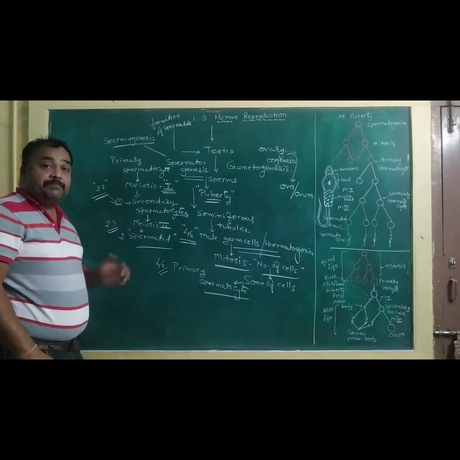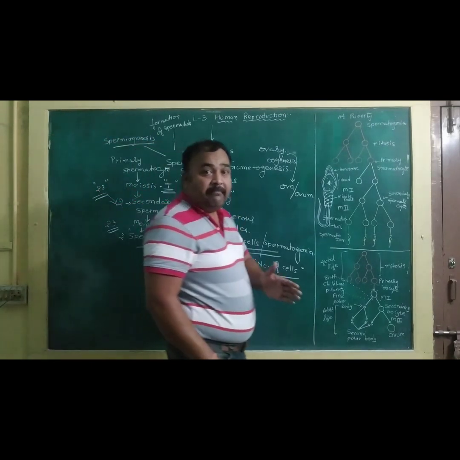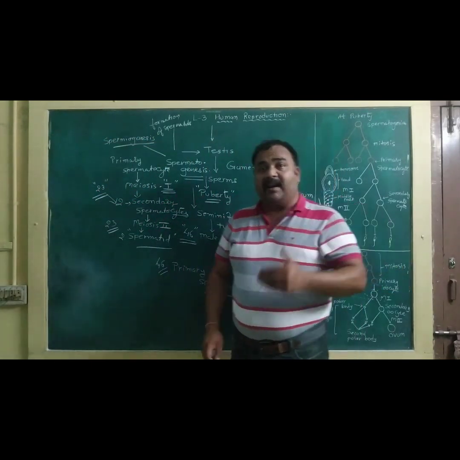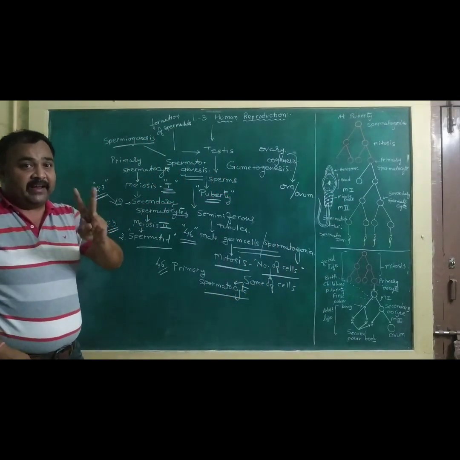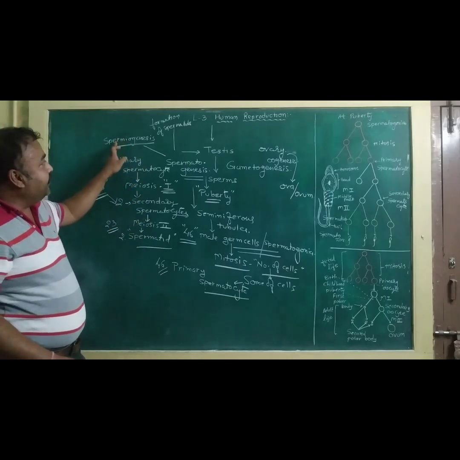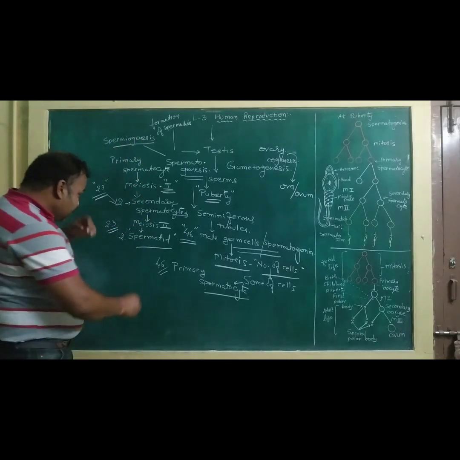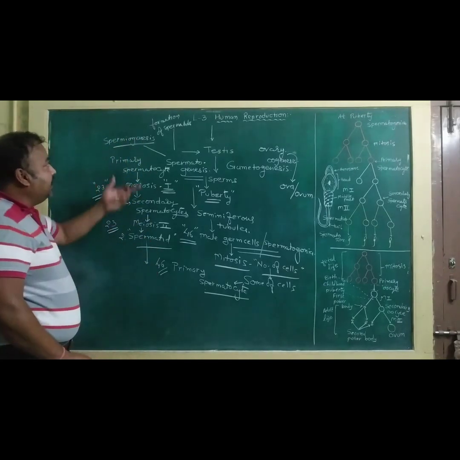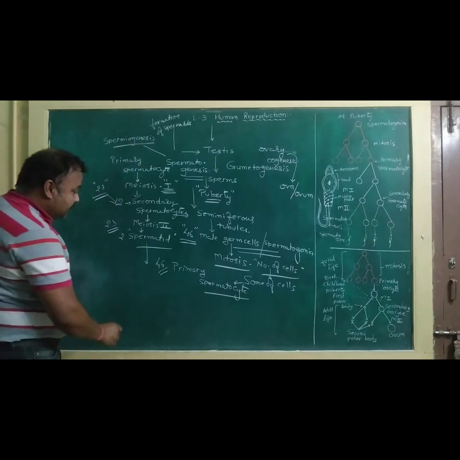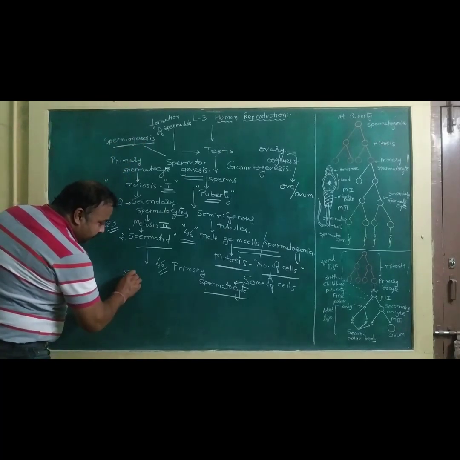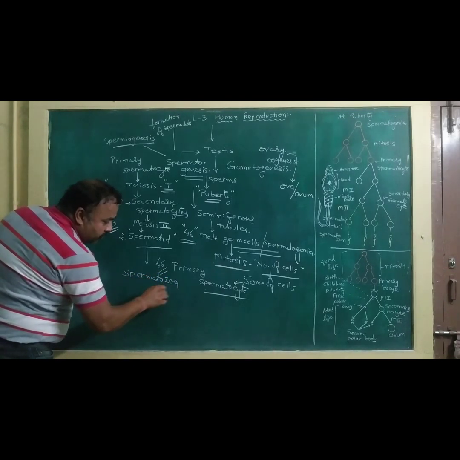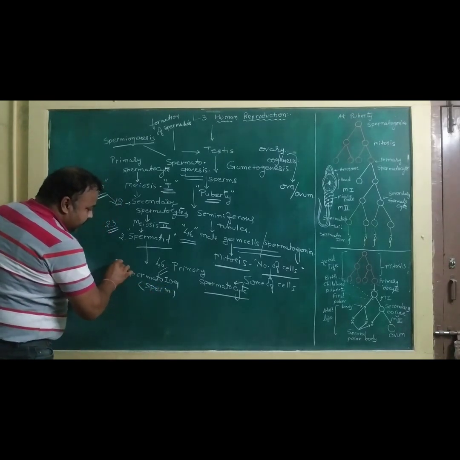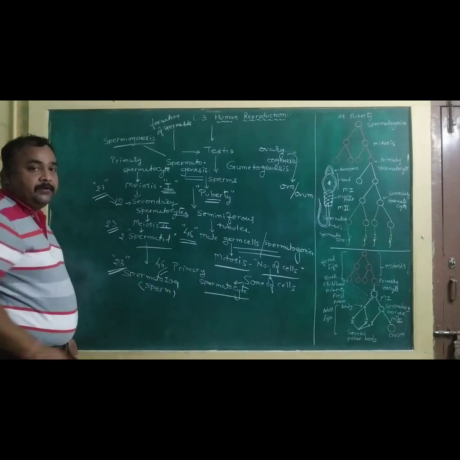Now here the spermatids are produced, but the spermatids cannot act directly as a mature sperm. They must pass through the second phase of spermatogenesis, that is spermiogenesis. The spermatids enter into the phase of spermiogenesis and they will produce spermatozoa or sperm, which will contain 23 chromosomes each.